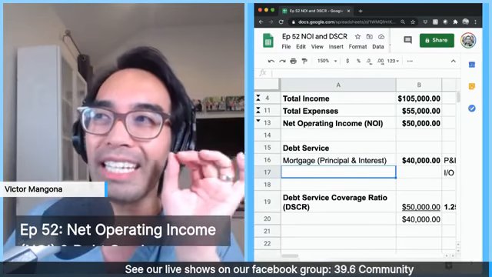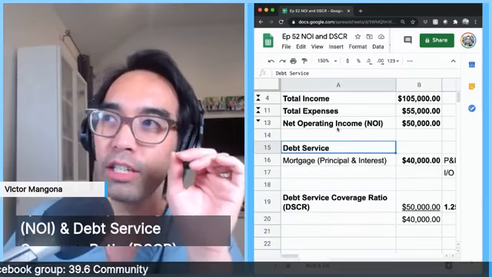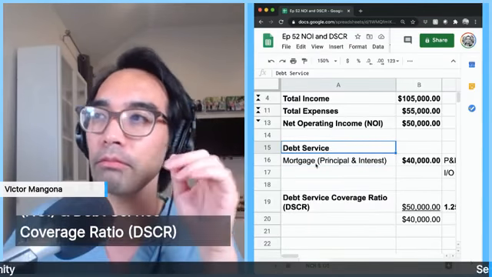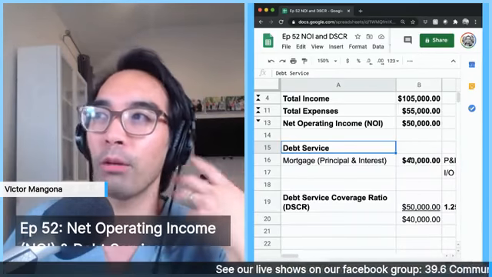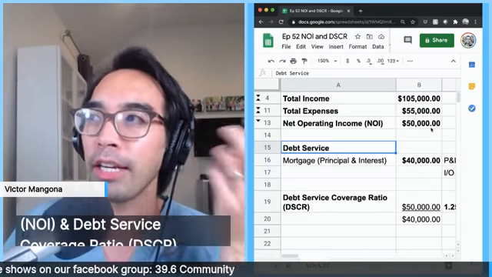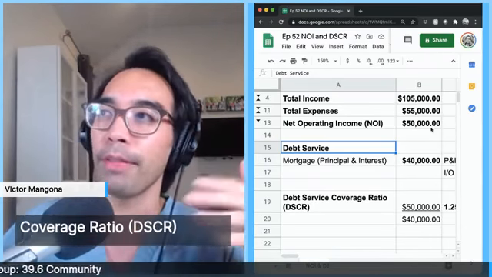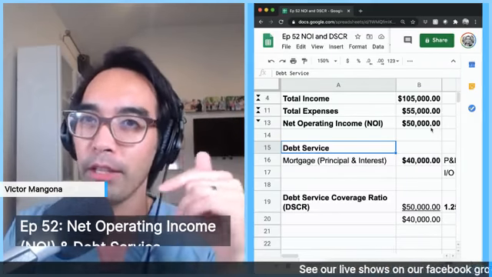But when you're looking at net operating income, or NOI, you do not include the mortgage in your expenses. The debt service is your mortgage payment, principal and interest, and we're saying that is $40,000. So our net operating income is all of the money that we have left over after paying the expenses, but before we have paid the mortgage.